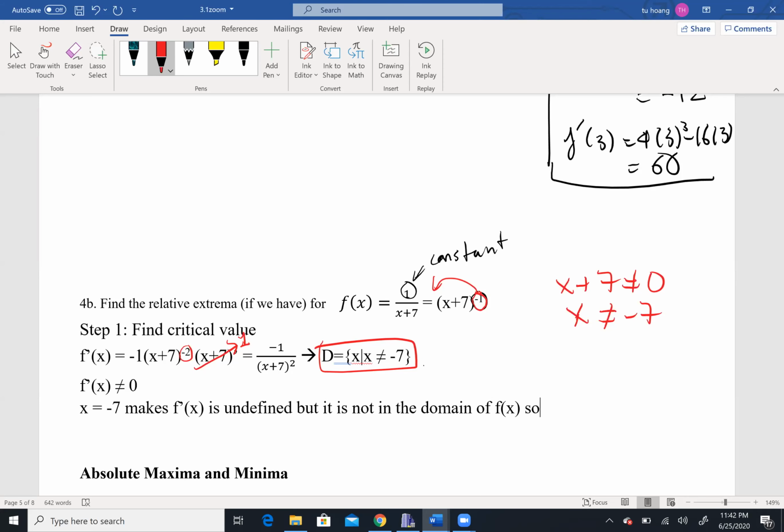So x equal to negative 7 is not the critical value.